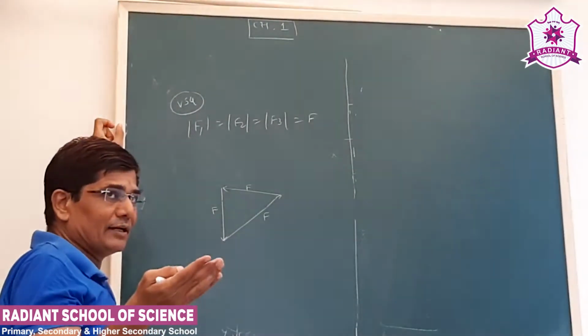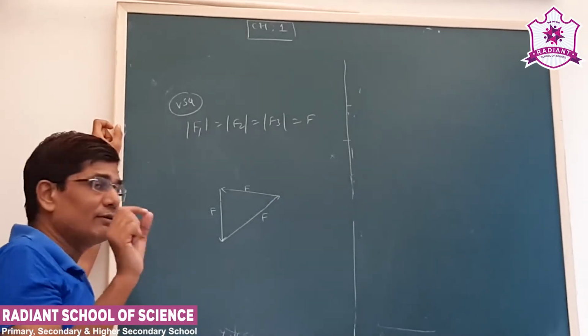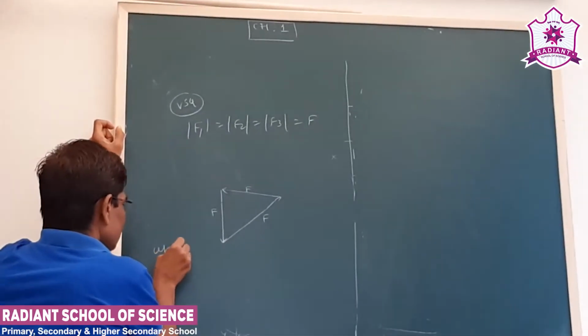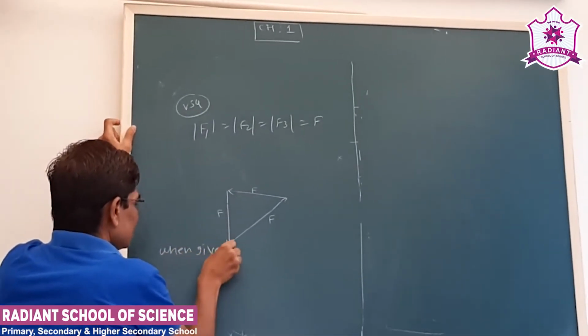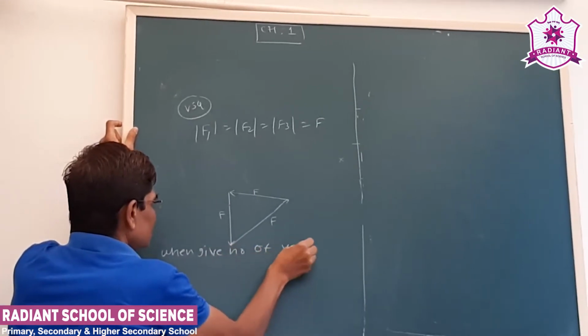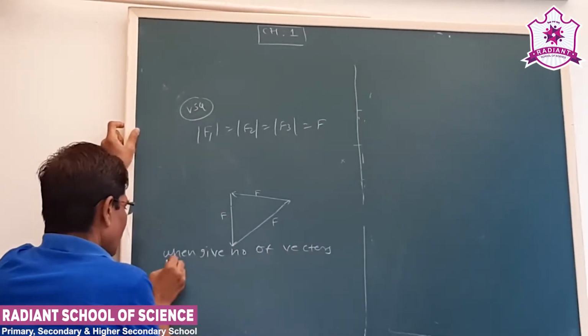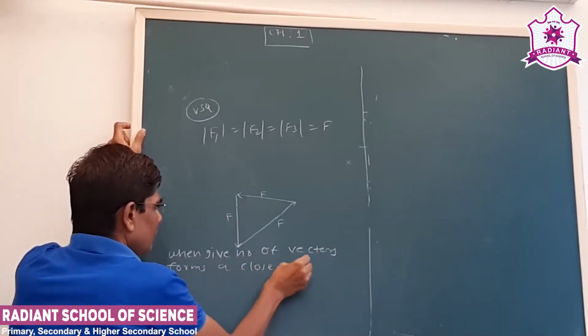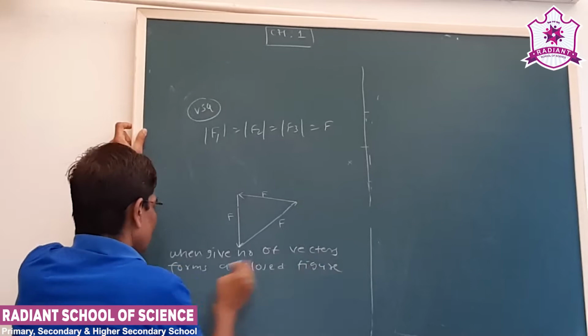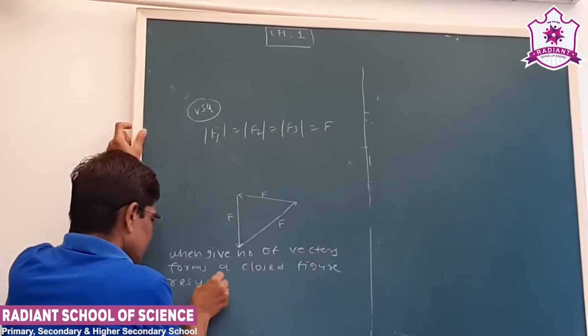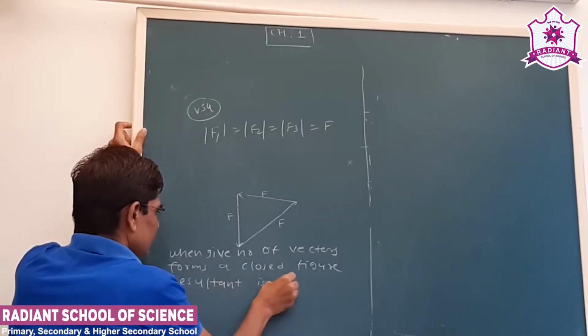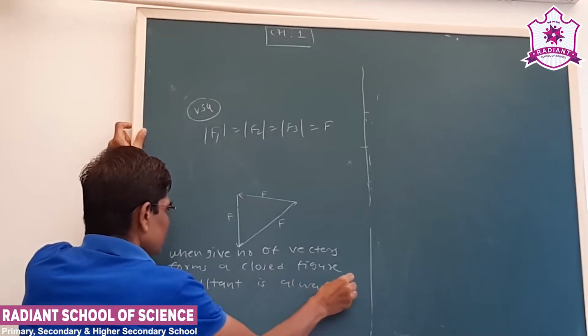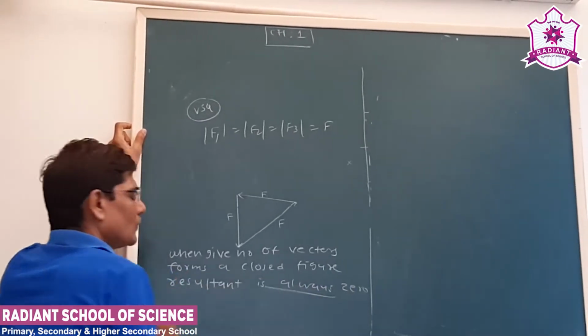We have seen earlier in the 11th standard that when a given number of vectors form a closed figure, the resultant is zero.